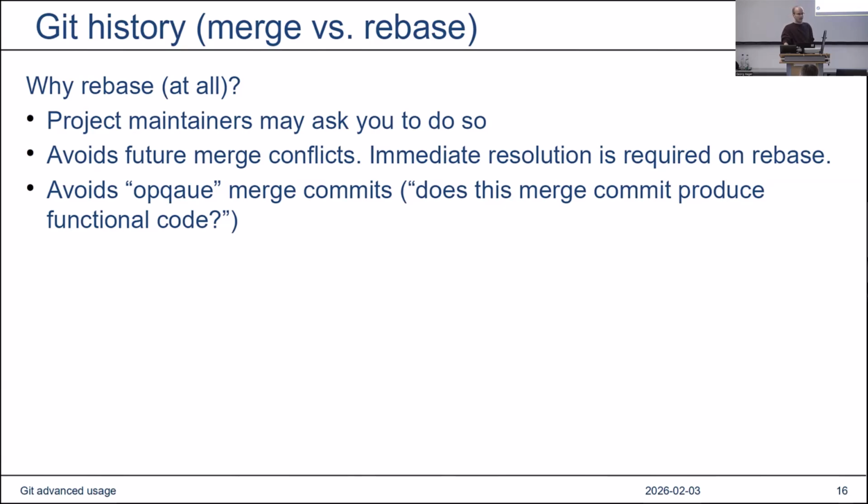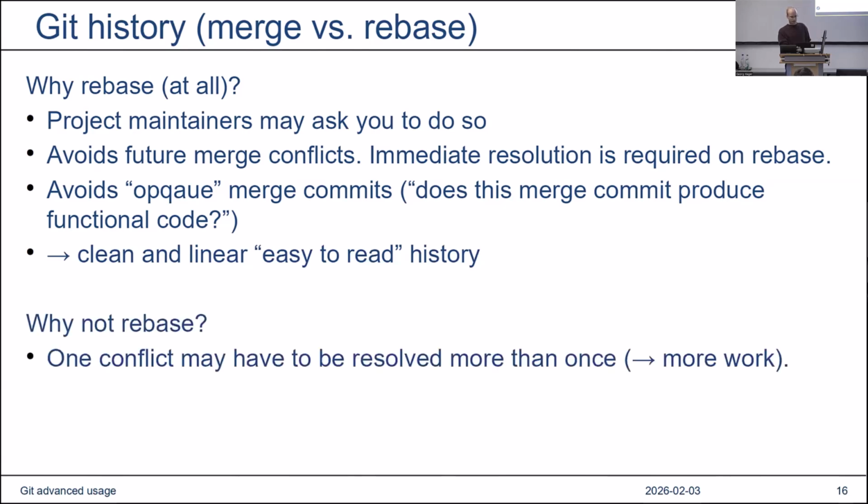If you rebase your code before merging it upstream, you can be sure that the version you test locally will actually work, because then you only have to do a fast-forward merge upstream. Basically, it creates a clean and linear history, which is easier to read.